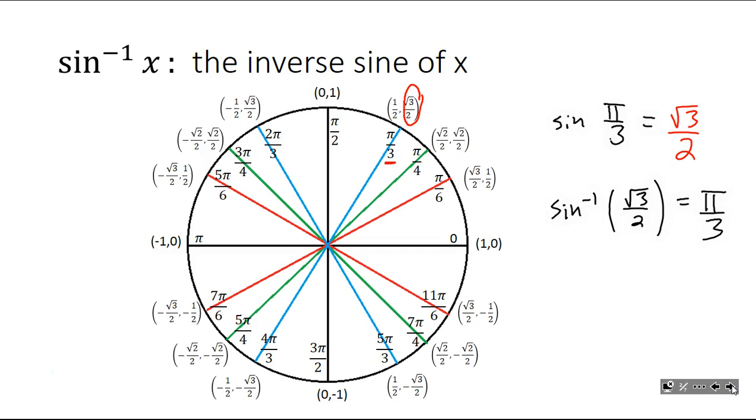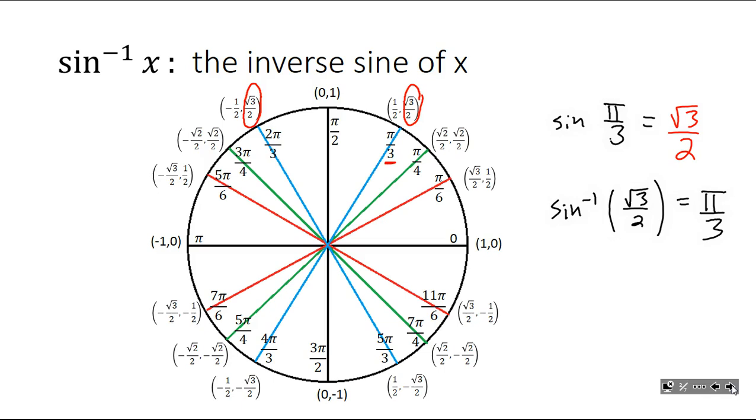But before we move on and conclude, oh, this is simple, imagine someone else who just jumped in on this presentation. Suppose that person says, oh, I see where the square root of 3 over 2 is, but they don't spot it in quadrant 1 like we did. Suppose they spot it over here where you see me circling it in quadrant 2.